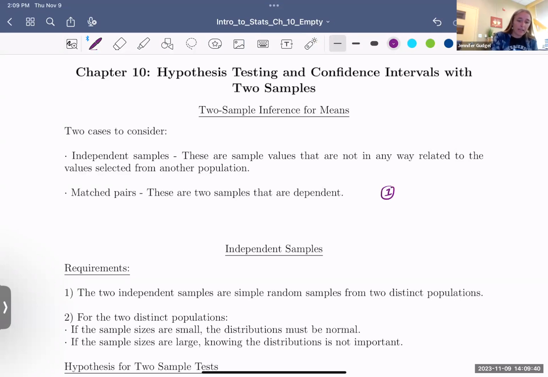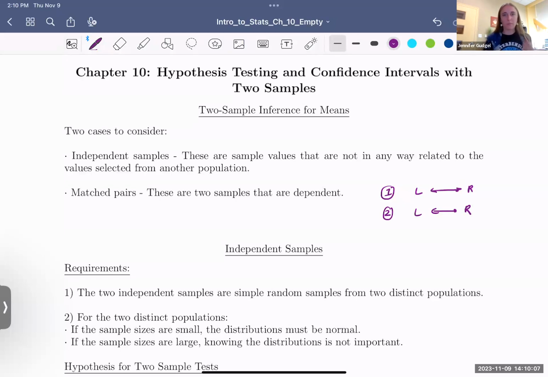For subject A, we would have their left eye and their right eye, and we would need to keep those in line with each other because we're comparing their differences. For subject number two, we would need their left eye and their right eye. We couldn't just throw all the left eyes into one column and all the right eyes into another in whatever order, because we need those pairs grouped together. That's an example for matched pairs. We'll go over others later.